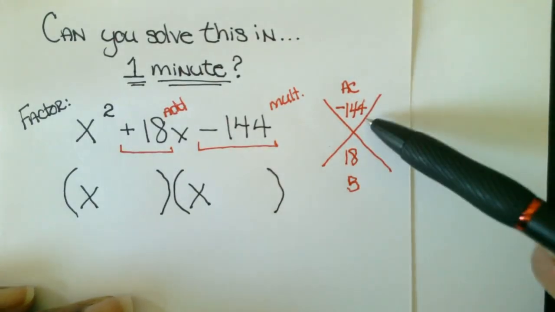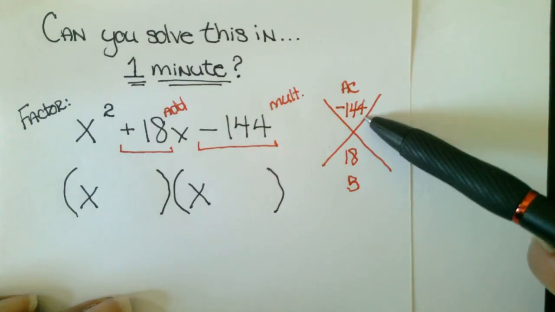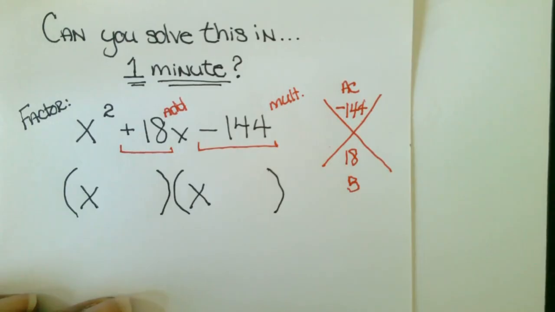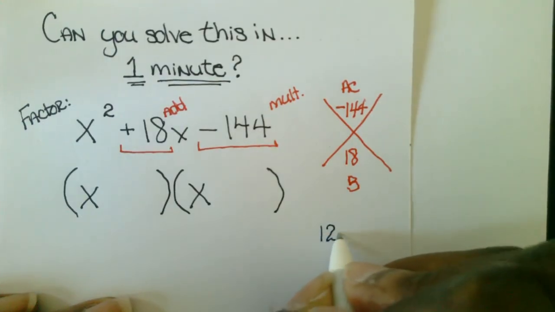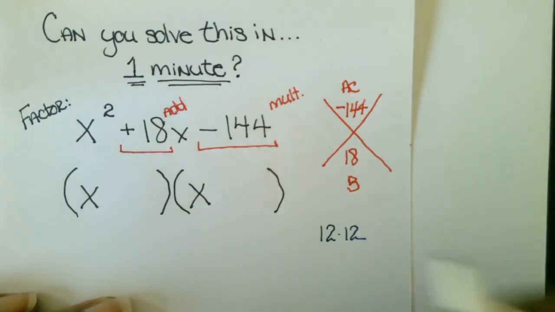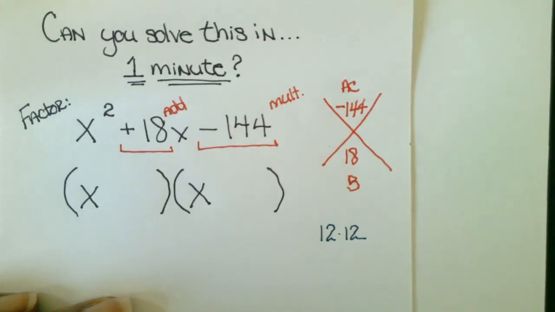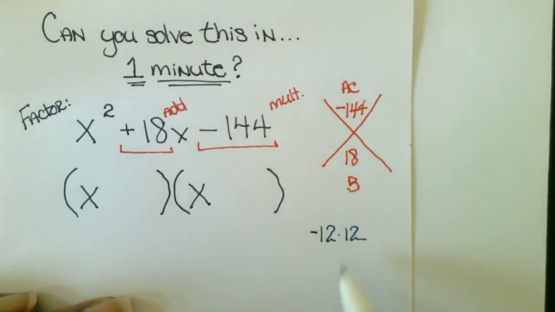So we have to think of what multiplied together gives me 144. A lot of people will generally say 12 and 12. If I said 12 times 12, that gives me my 144, and one of them has to be negative so we can get -144.